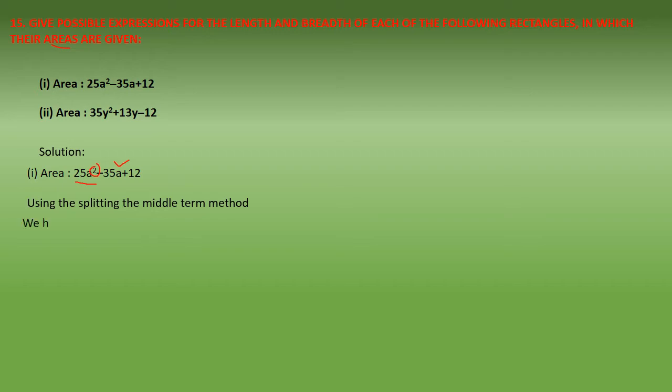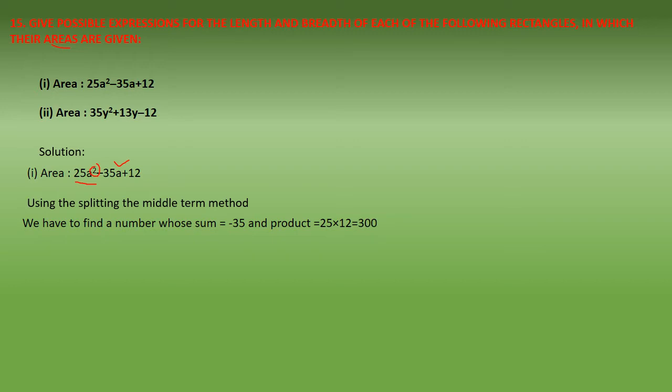In the splitting of middle term method, we have to find two numbers whose sum is minus 35a and whose product must be 25 into 12, which gives you 300.